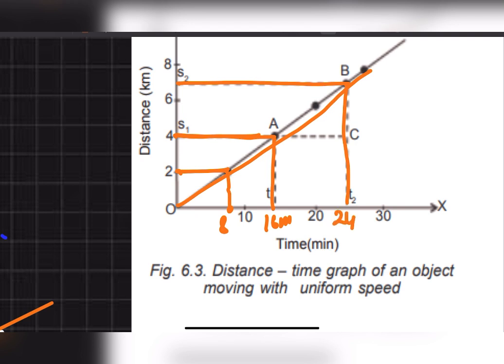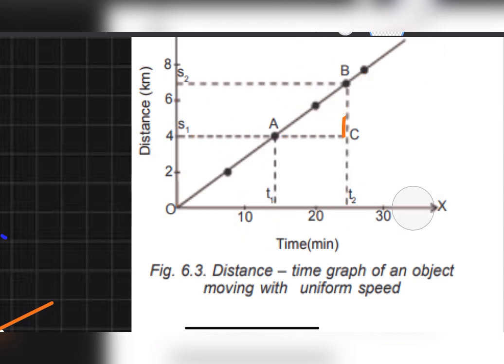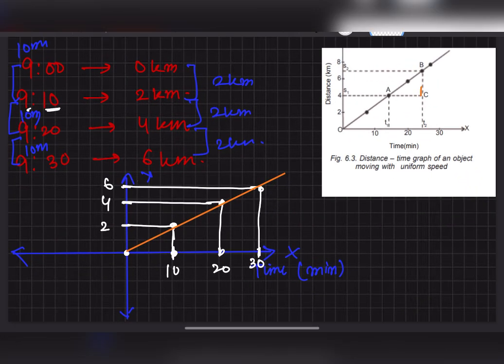And 24 minute, it is 6 kilometer. So the graph is a little bit not correctly drawn in the textbook. It must be like how I've drawn: equal distance in equal time. So this is the distance time graph for uniform speed.